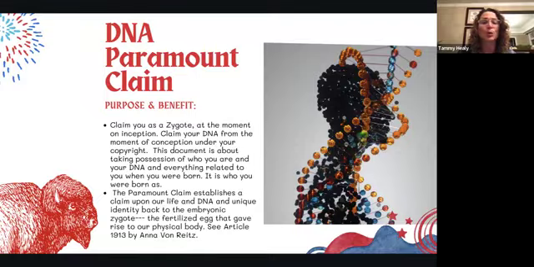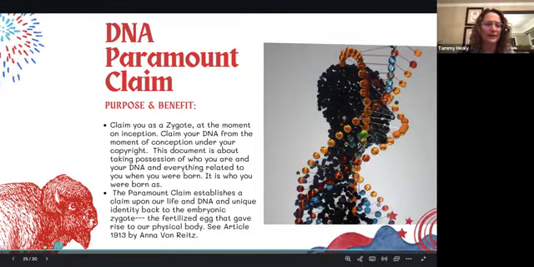It is who you were born as. The paramount claim establishes a claim upon your life and DNA and unique identity back to the embryonic zygote, the fertilized egg that gave rise to our physical body. And I reference Anna's article here, see article 1913 by Anna von Reitz. It gets into more in depth about that.